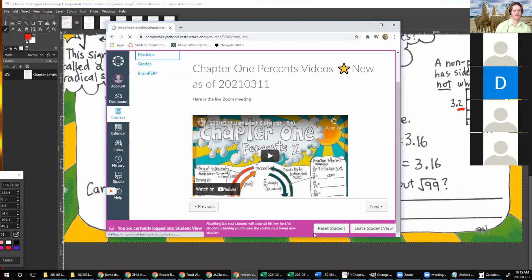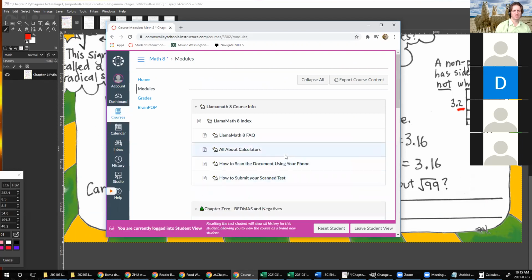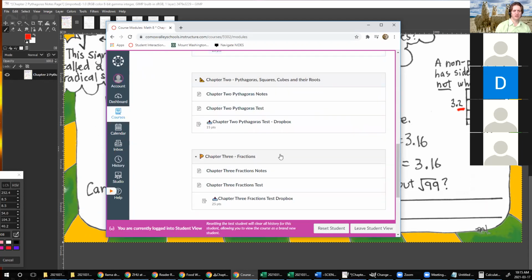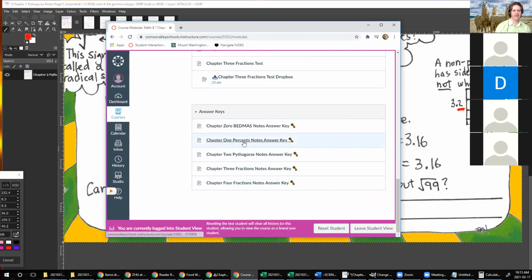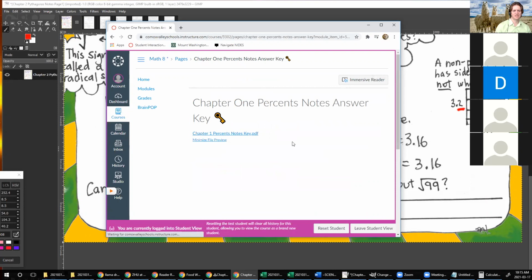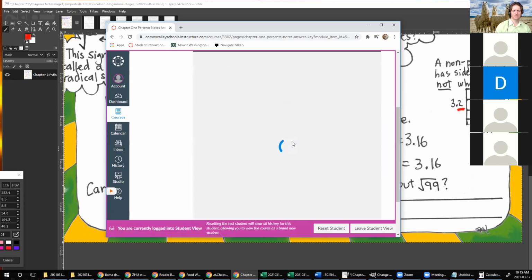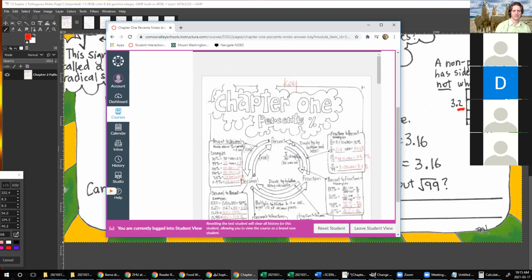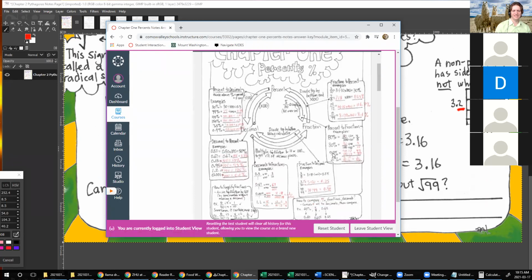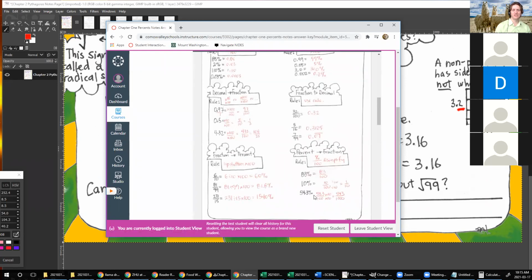The other thing, all in Canvas, is if you keep scrolling all the way to the very bottom, the notes answer key is right here. If I go into the answer key, it has all the notes and the answers so that you can check and make sure that you're doing it right in case you missed out.